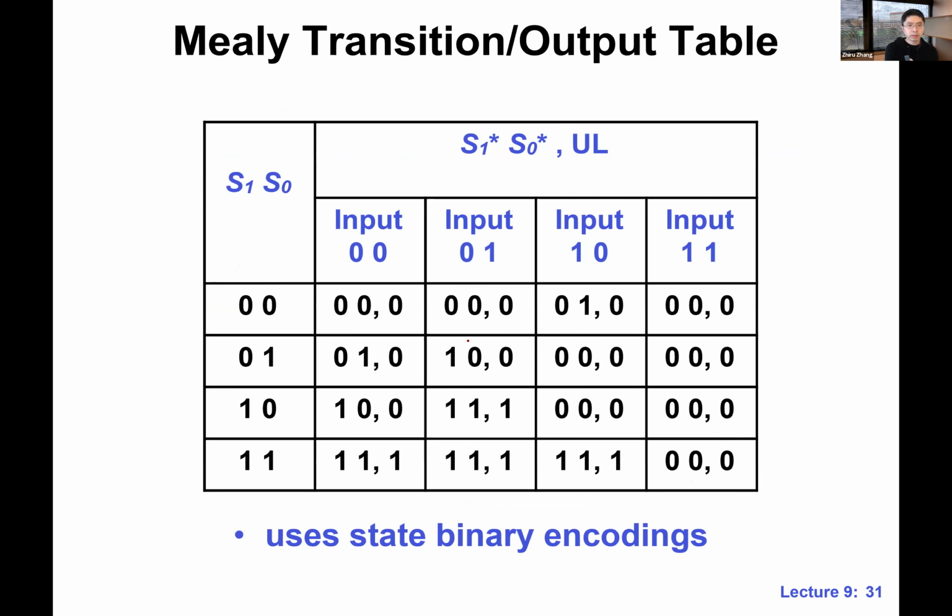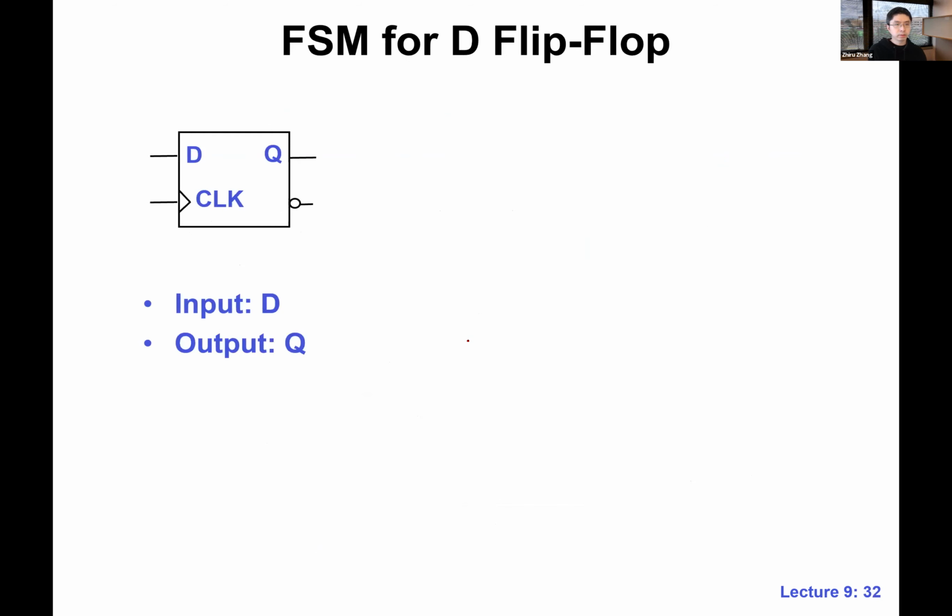All right, so any other questions about this transition output table before we move on?